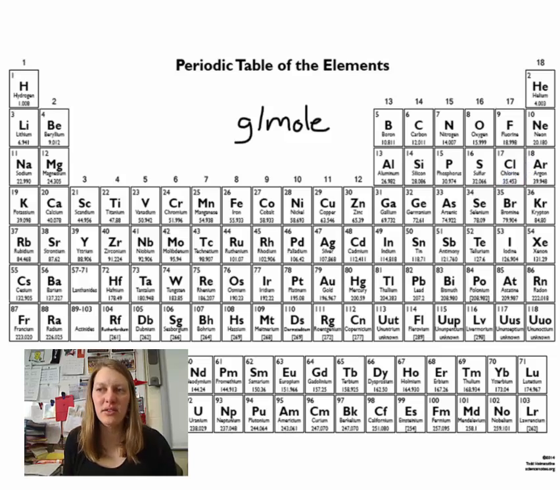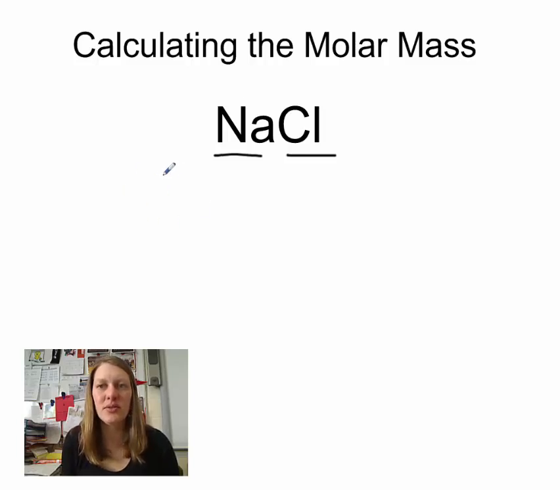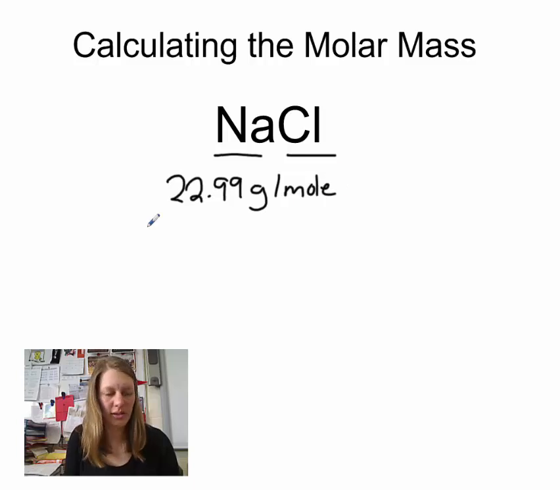So I'm going to go back to our problem here and let's write down those numbers. So sodium, we have 22.99 grams per mole, and chlorine we said was 35.45 grams per mole.